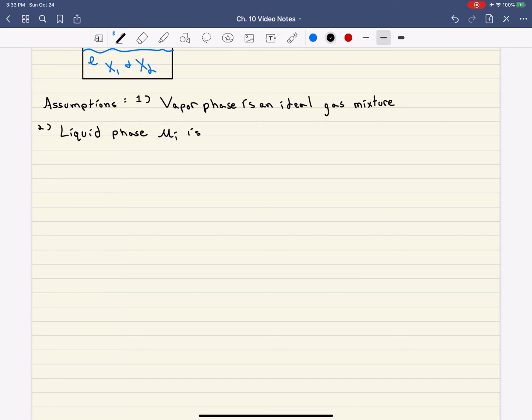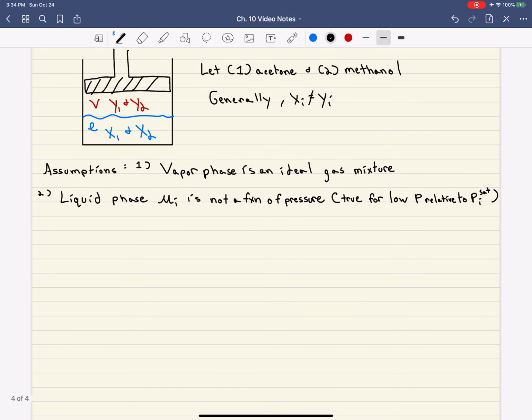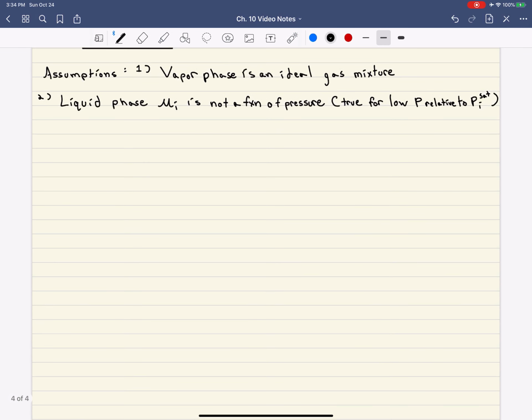Or in other words, the chemical potentials of the liquid phase are not a function of pressure. And this is a fine assumption if you're dealing with low pressures relative to the vapor pressures of each of the species. Okay, so that's why, once again, I'm saying we're only looking at the low pressure analysis. Okay? All right. And so those are our two assumptions.